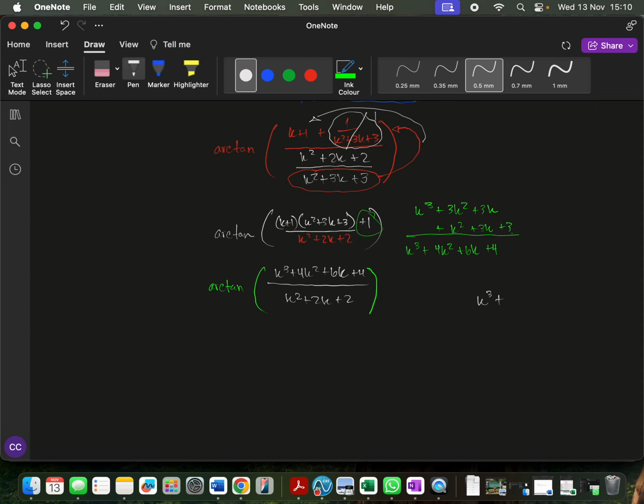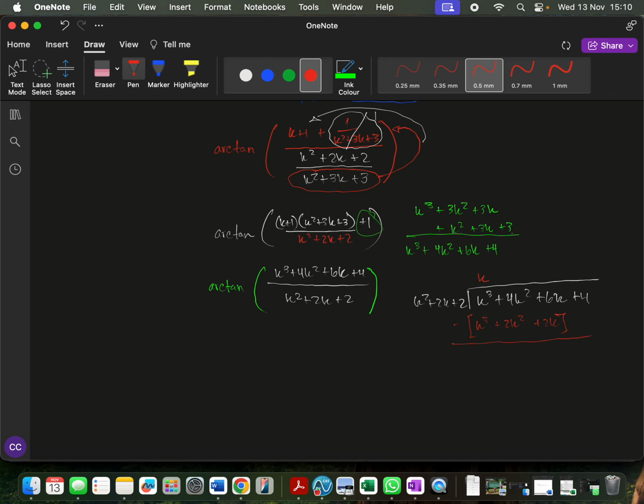So k cubed plus 4k squared plus 6k plus 4. If I divide into that k squared plus 2k plus 2, well, for that first bit, I'd have to multiply by k, and I would have minus k cubed plus 2k squared plus 2k.